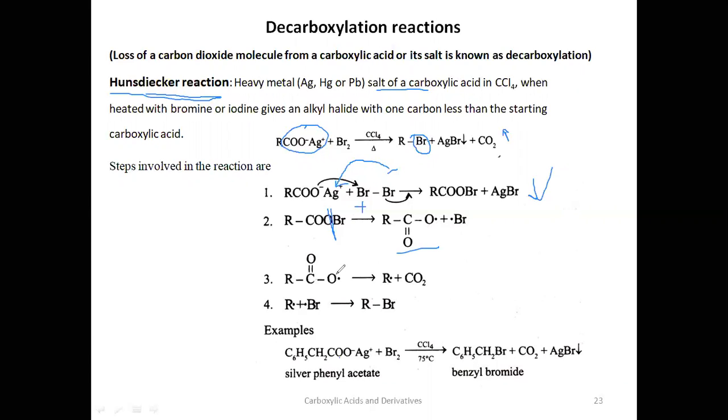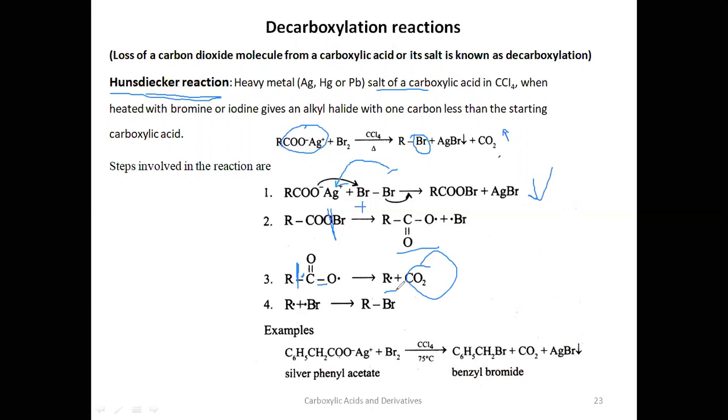In the next step, this radical again undergoes homolytic fission. The bond splits, generating an R radical, and the carbon radical's one electron forms a bond, giving CO2.